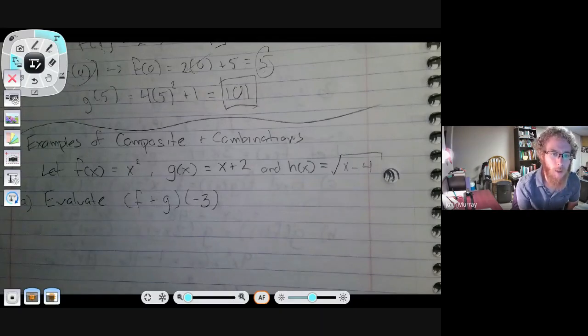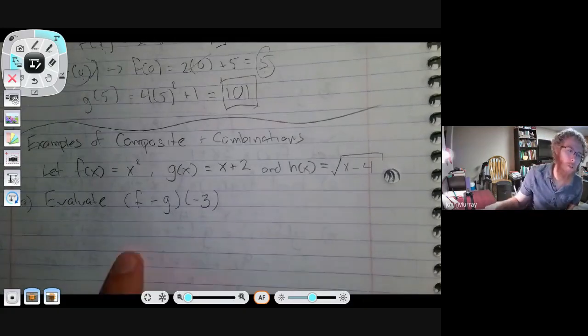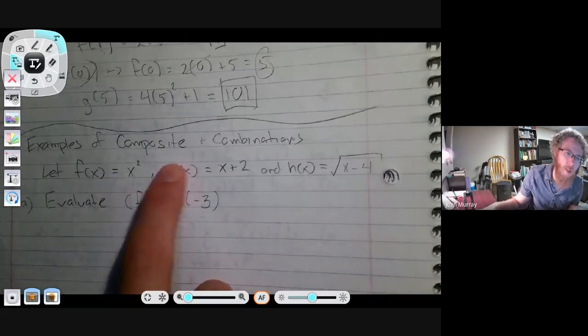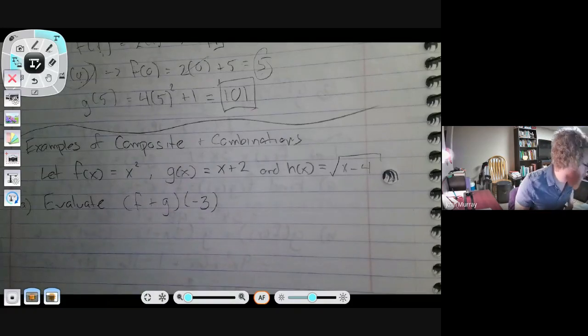I'm going to give you guys 2 minutes to get started. Try to get it going, and then maybe not 2 minutes, maybe just a minute, and then we'll start going over it together. Remember, we're using the f function and the g function. There's two ways you can do this. I'll show you both in a minute.